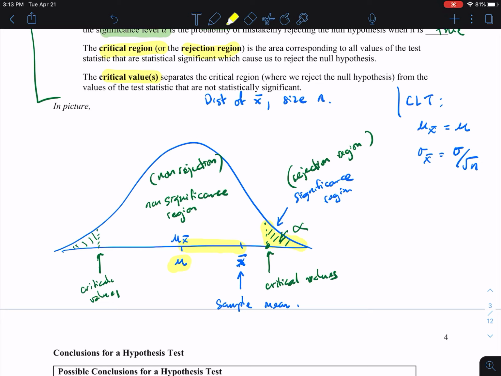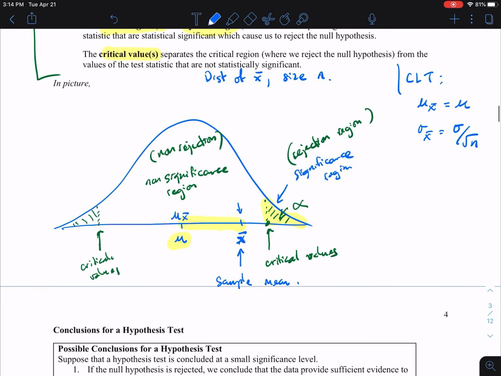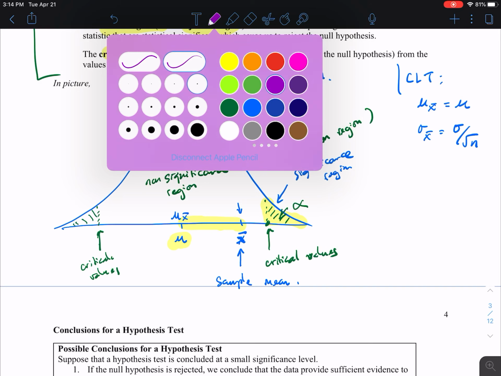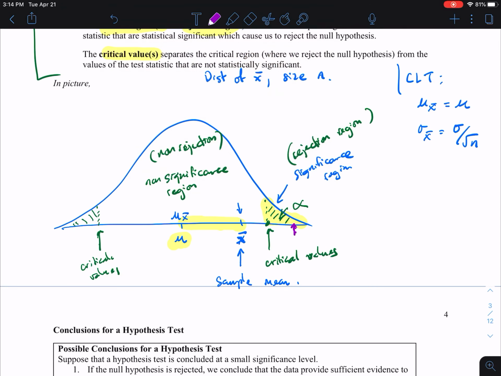In this case, x bar is in the non-rejection region. Even though it's not equal to the mean value, it's still relatively close to mu, so we won't reject our null hypothesis. If x bar was over here, then we would reject the null.